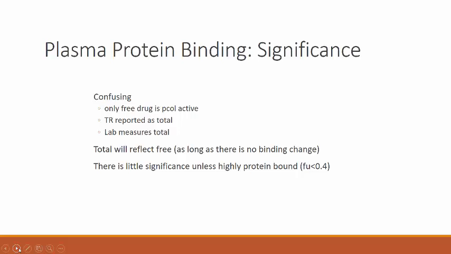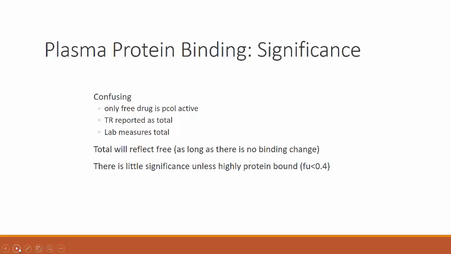So why don't we measure just free drug instead of looking at total? Because total is going to be confusing, isn't it? Well, it's a lot cheaper to measure total drug concentration. It's quite simple, cheap, and fast to measure total concentration. It's much more expensive and difficult to measure only free concentration.